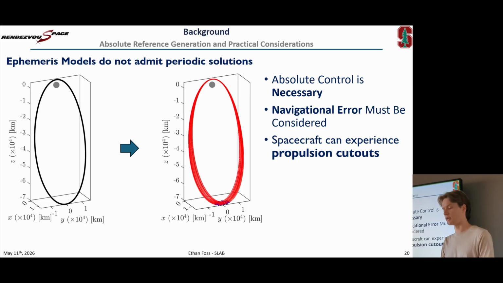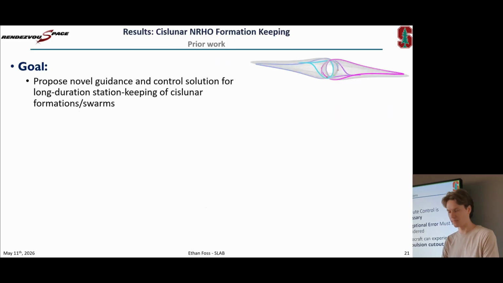The other challenges are that we need to consider navigational error and the fact that spacecraft can experience propulsion cutouts. Basically, if you are not careful in how you design your guidance and control system, you can end up evaporating the formation essentially.